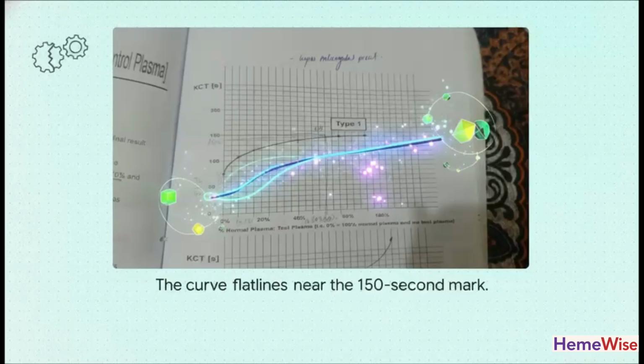And this brilliantly illustrates the actual shape of the anomaly. Look closely at exactly where the line stops rising. It hits that 150-second ceiling right around the 50 or 60% mark on the x-axis, and then it just flatlines completely across the right side of the graph. I want you to really note the specific shape this creates. It's a rapid initial climb that just abruptly turns into a long, flat, horizontal line.